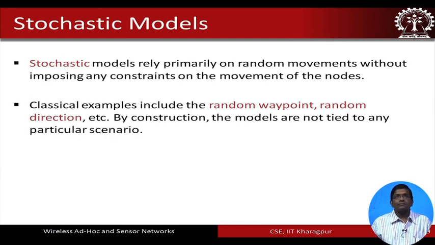Stochastic models basically rely on the random movement of the nodes, and they do not impose too many constraints on the movement of the nodes. So, some of the examples of stochastic models include the random waypoint model, the random direction model, and so on.